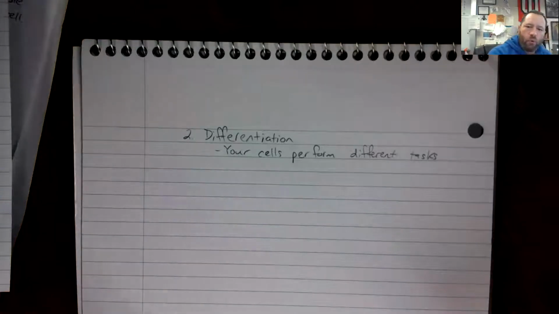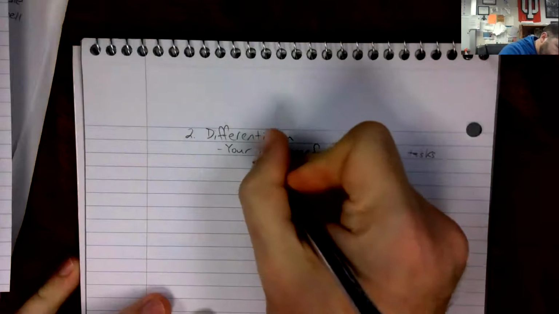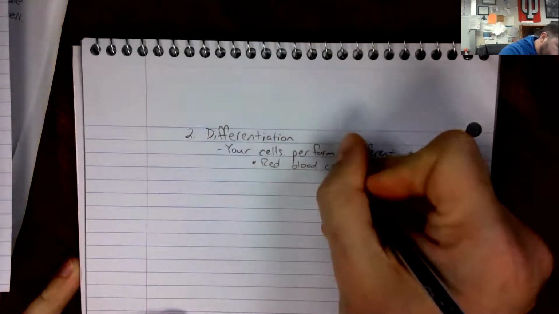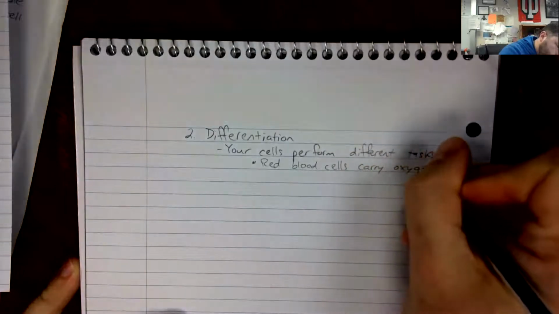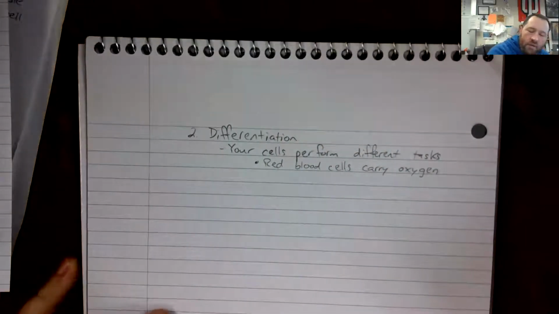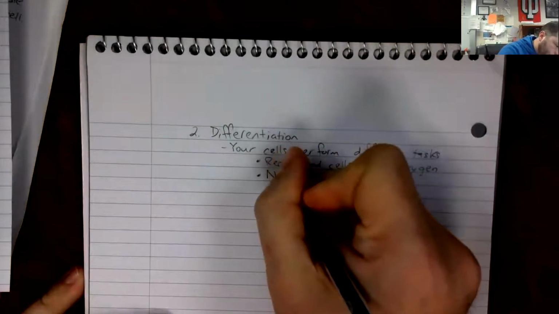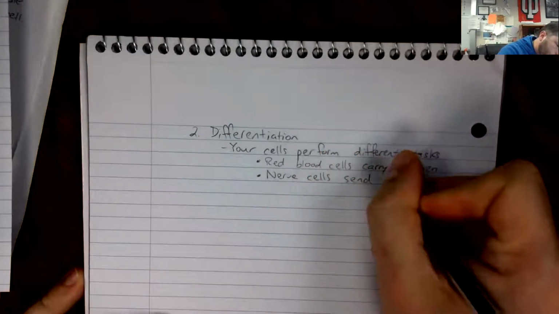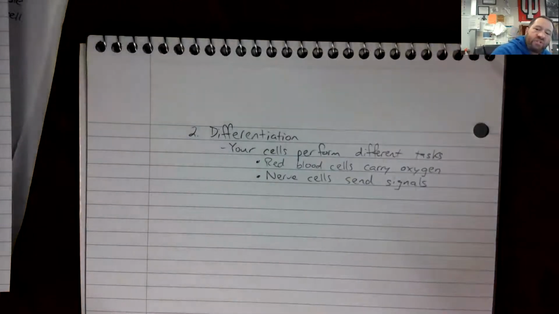Your cells perform different tasks. For instance, red blood cells carry oxygen. Nerve cells send signals.